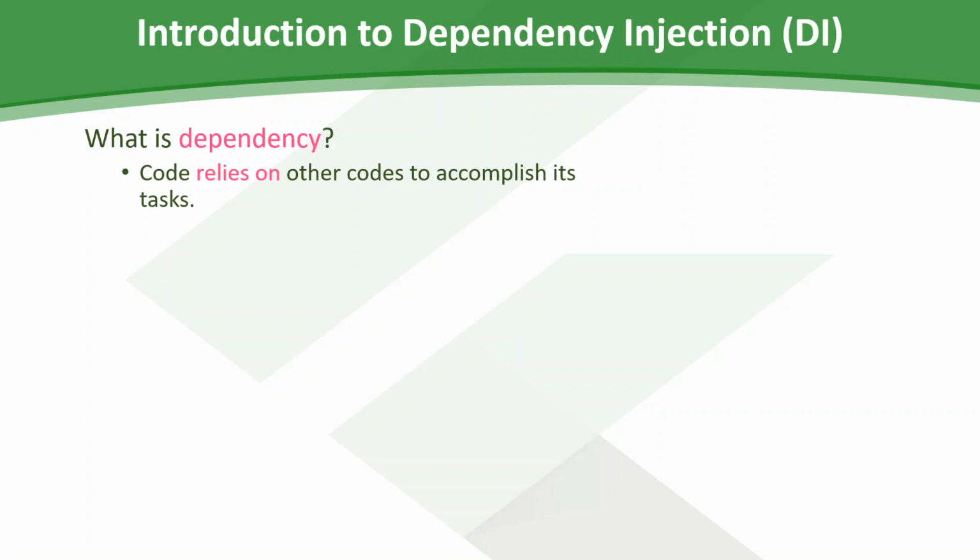Since we are focusing our discussion here on software development, the entity is the code itself. So here we are talking about dependency in software, which is basically code that relies on other code in order to accomplish its task. So that is dependency.